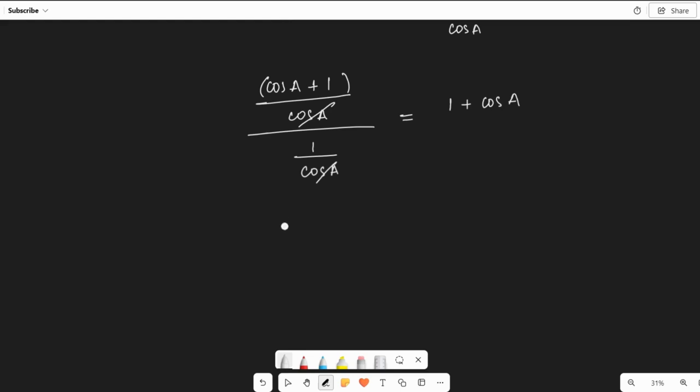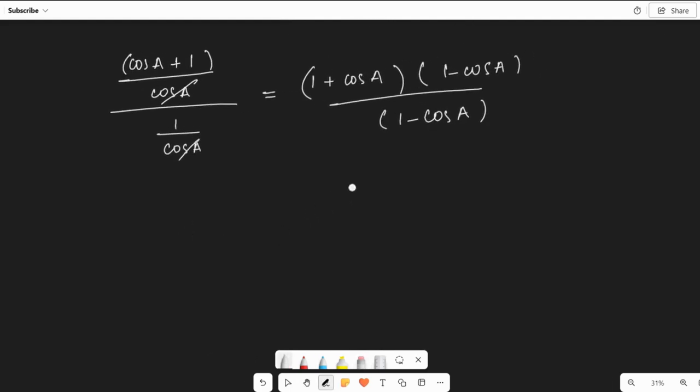Now this 1 + cos A can be written as (1 − cos A)(1 + cos A)/(1 − cos A), as these two get cancelled and there will be no impact. Now this can be written as (1 − cos²A)/(1 − cos A), as this is in the form of (a + b)(a − b).